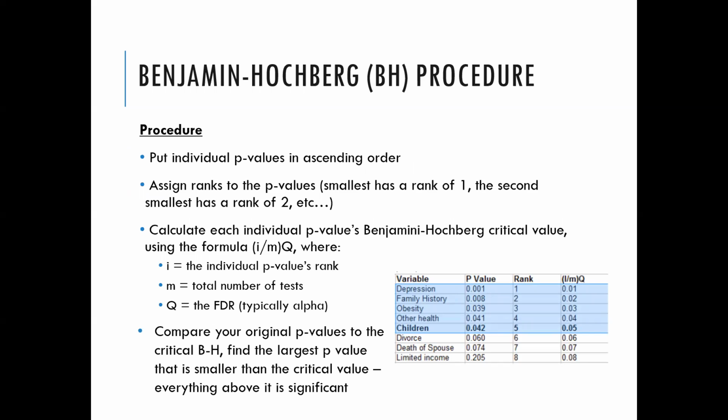So here's what we would do for that. We would put individual p-values in ascending order, and then we would assign ranks to the p-values. So the smallest has a rank of 1, the next has a rank of 2, and so on.